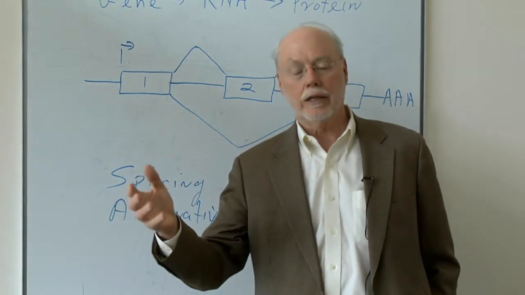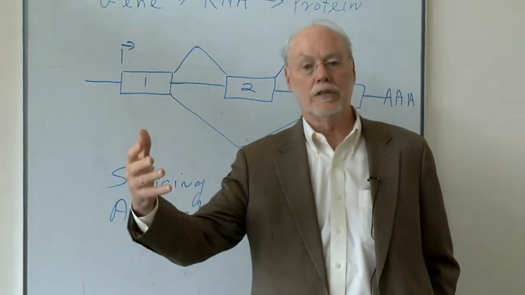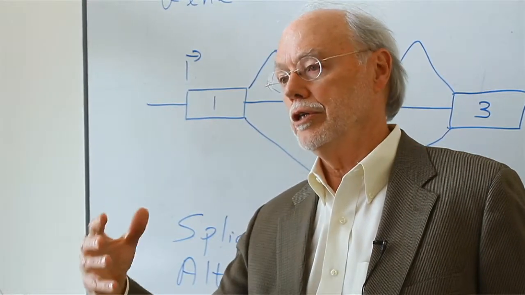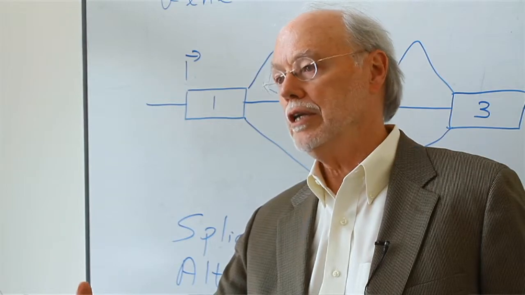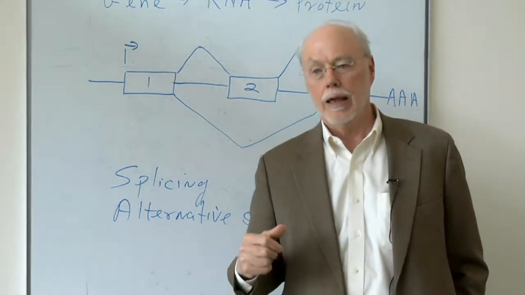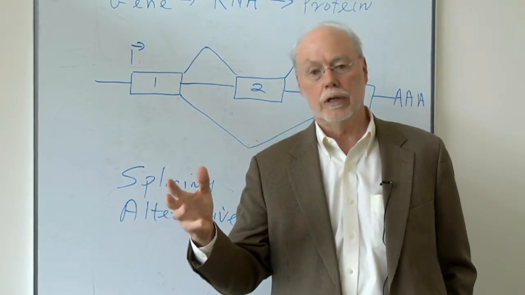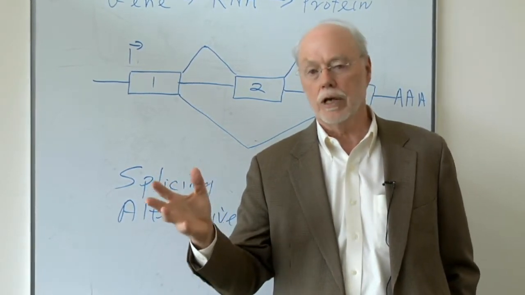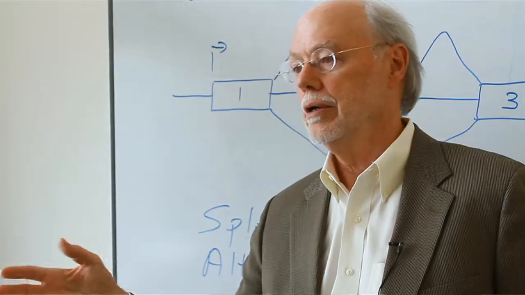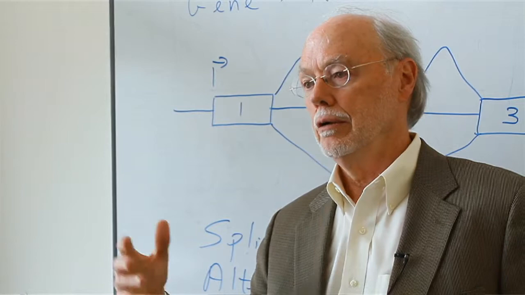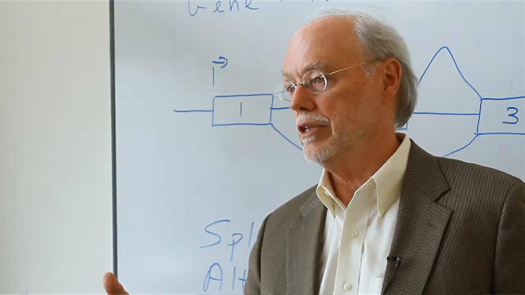You've heard from Eric that genes are made of DNA, and DNA is copied into RNA, which then is decoded to make protein. And that system had been well worked out and understood in simple organisms, single-cell organisms like bacteria, but really had not been well established in more complex cells such as human cells.